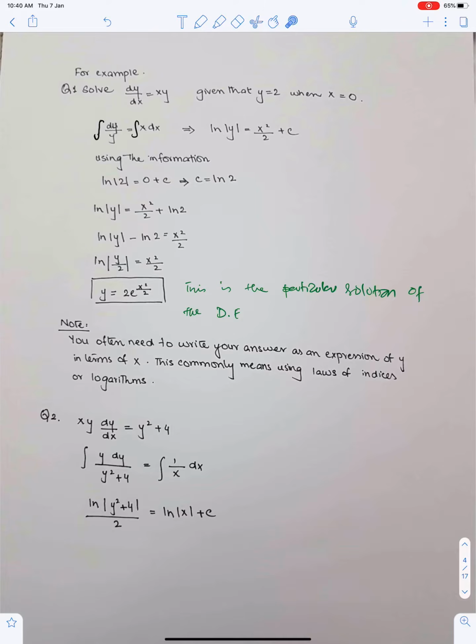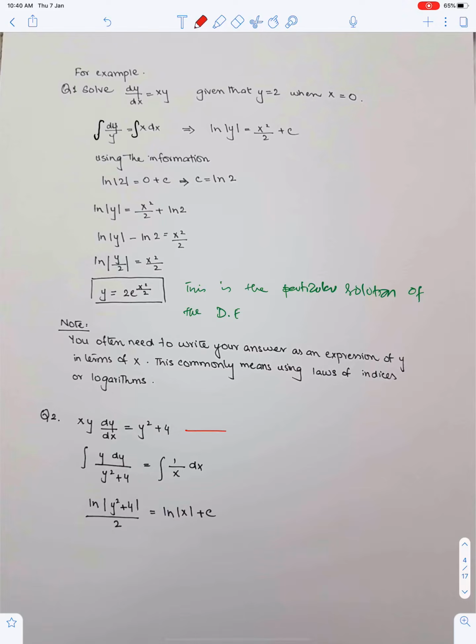Question number 2. The most important thing of the differential equation is the correct variable separable. Well, first you need to bring this entire thing onto the left hand side, and you have to shift dx and x on the right hand side.